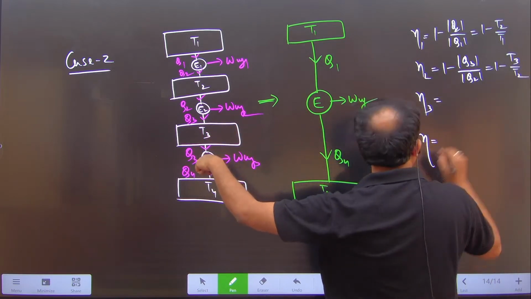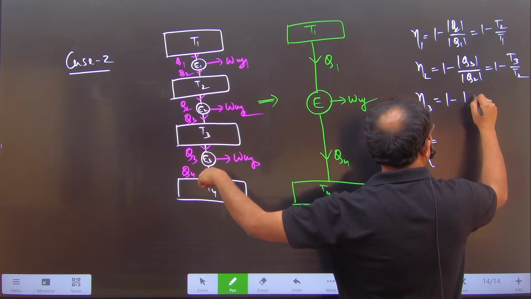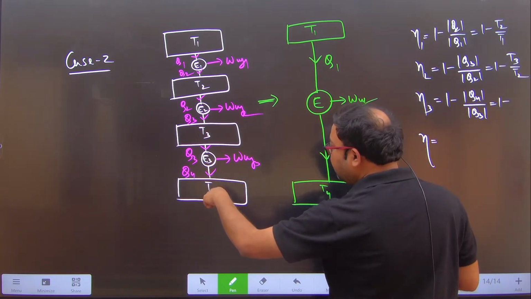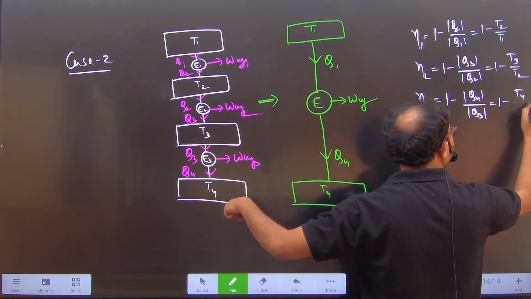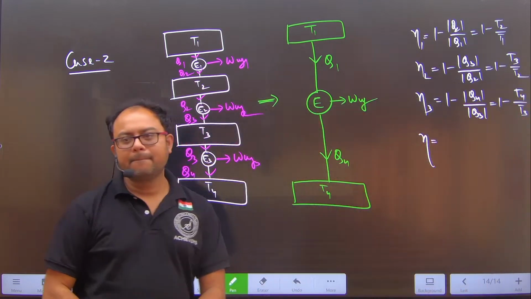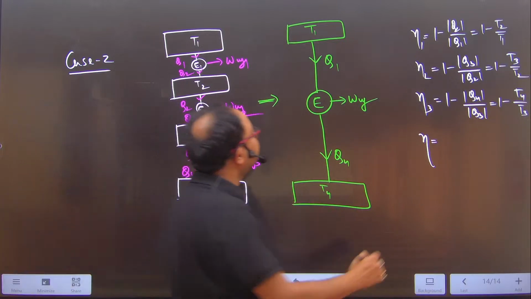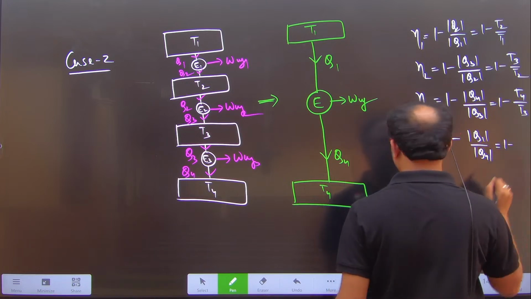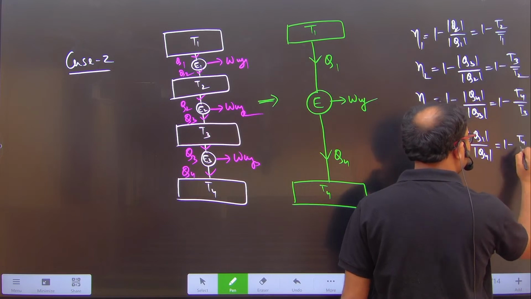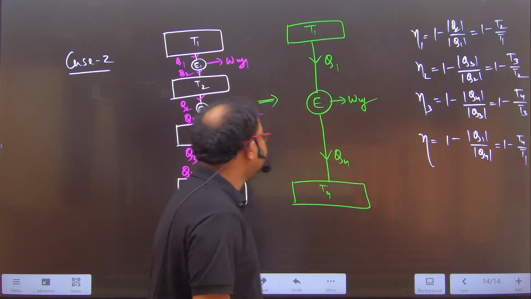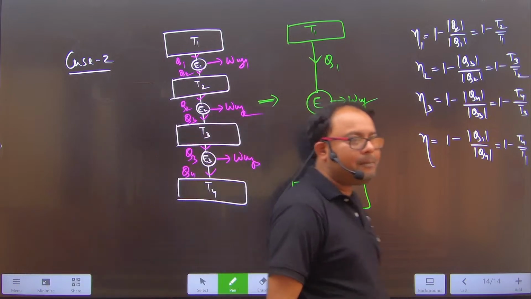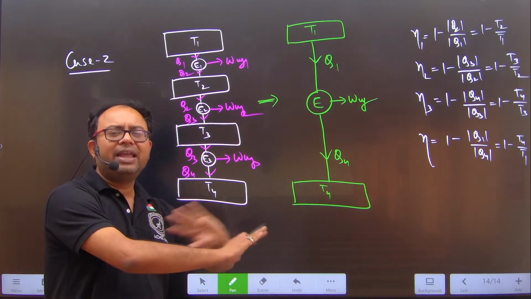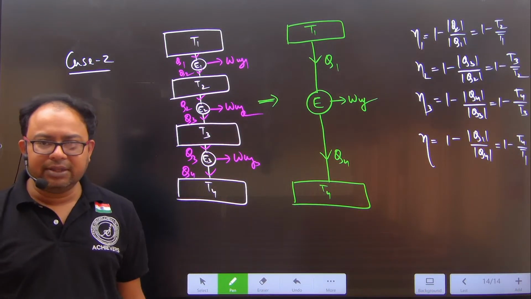Then eta 3 is 1 minus mod Q4 by mod Q3 equal to 1 minus T4 by T3. Simple. And eta is 1 minus mod Q4 by mod Q1 equal to 1 minus T4 by T1. Okay. Simple. This can be written very easily. We are already acquainted with all these expressions.